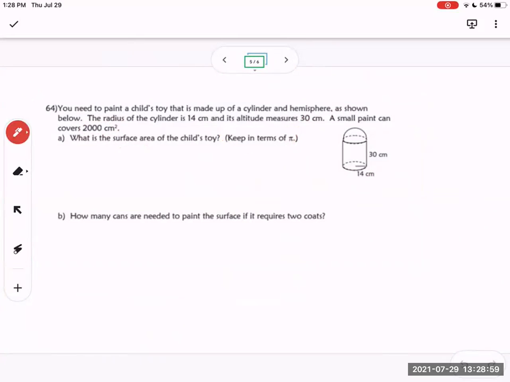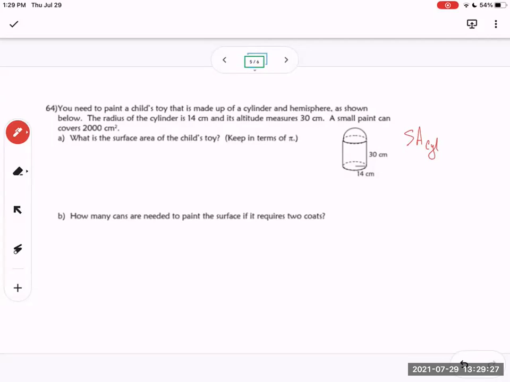Well, for the surface area, we look at our formulas. The surface area of a cylinder: it says right cylinder on your formula sheet for the final exam.